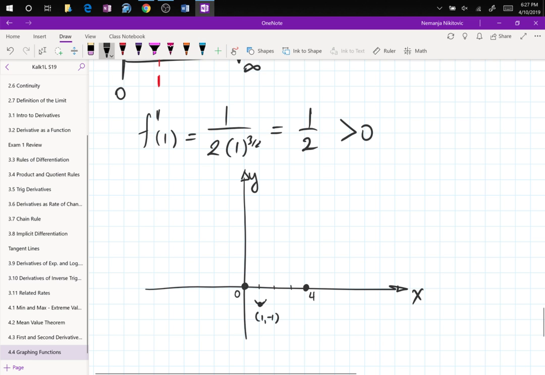I need to start at 0, 0, go through the minimum, go through the 4, and continue going up because the whole thing is concave up and increasing, right? So I go down into the minimum, I turn around to hit the 4, and then I go up forever. It's like a check mark, like a Nike symbol. There you go.